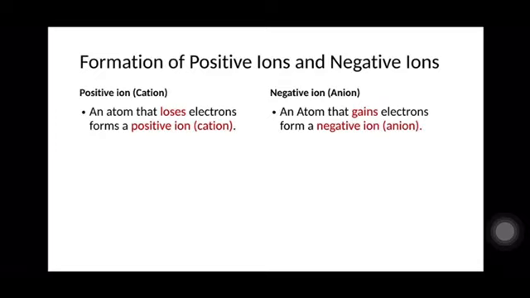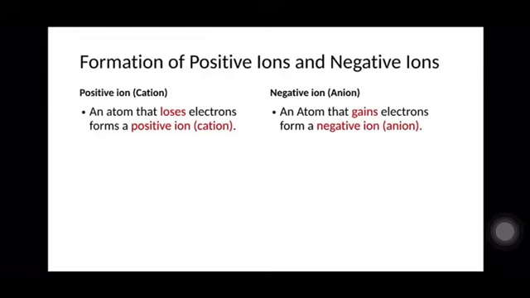So, an atom yang mana dia loses electrons ataupun dia donate elektron, kenapa dia donate? Sebab dia mahu form stable electron arrangement, kita panggil stable element. Okay, dia akan loses electron. So bila dia loses ataupun dia donate electron, dia become positive ion. Ingat kalau dia donate, dia become positive ion. Positive ion ini kita panggil dia adalah cation.